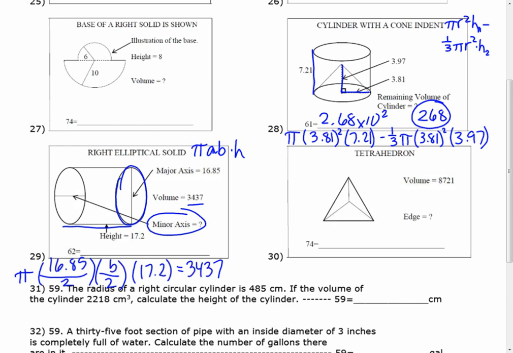So now that we are looking for the minor axis here, we are going to do a little bit of algebra. So we're going to start with that volume that was given. We're going to divide it by the height, divide it by pi, and divide it by the axis that we do know. And then that's going to be b.